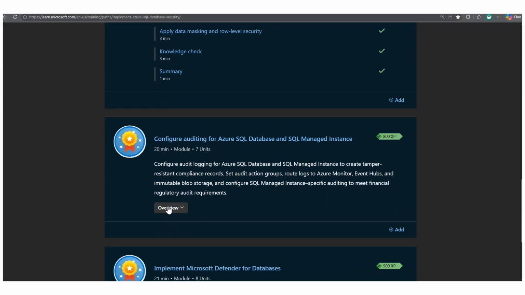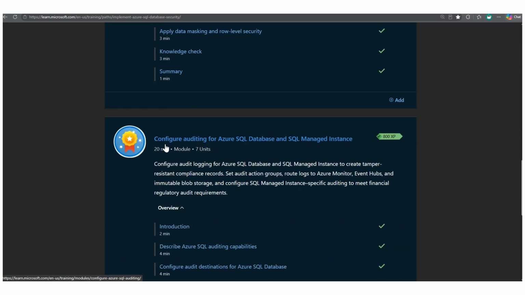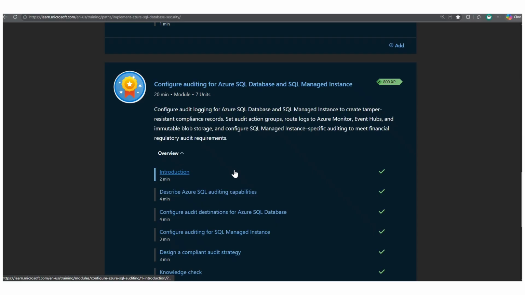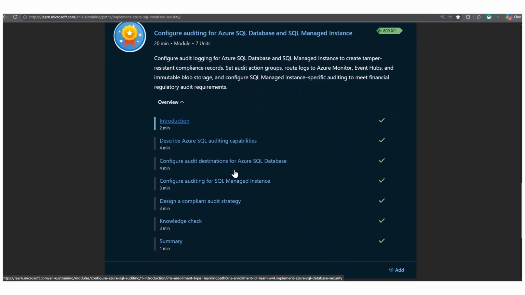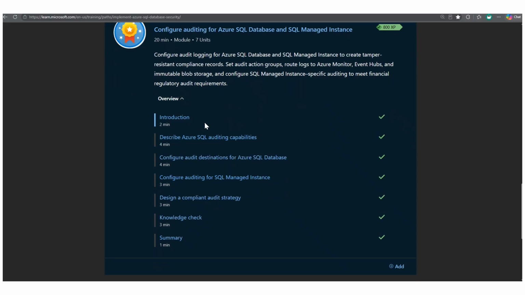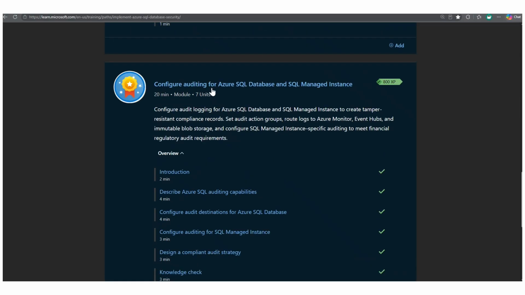In the next, we're going to configure auditing for Azure SQL database and SQL managed instances. We're going to be looking specifically at the databases themselves. We just looked at the server, but then we're going to come back and look at the databases and see all the configuration that can be done, including the data masking that we were talking about. So there's a lot to that. So that's going to be the next module.